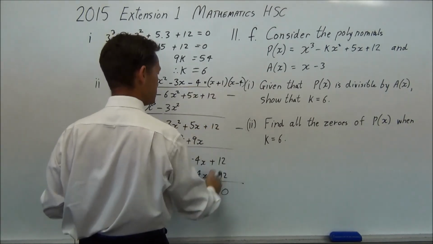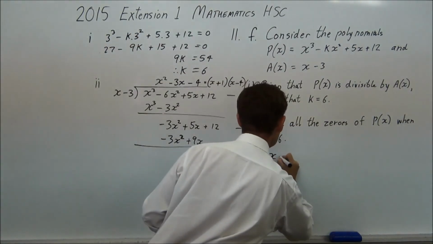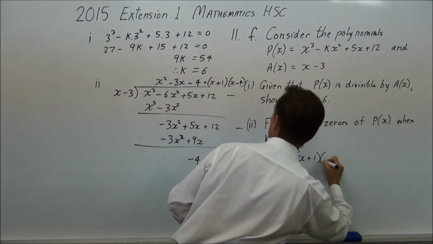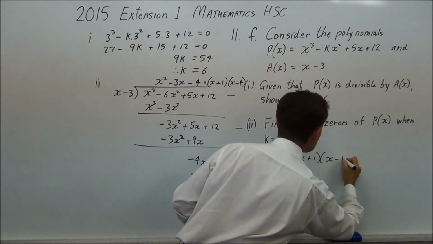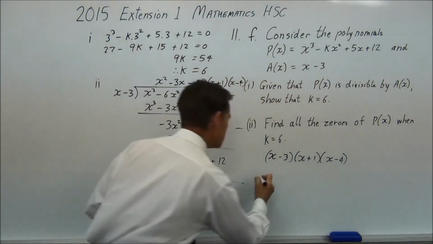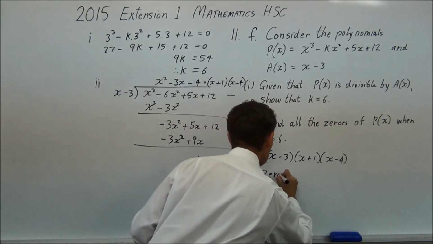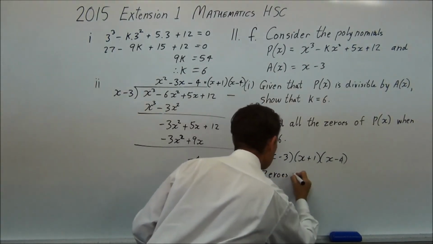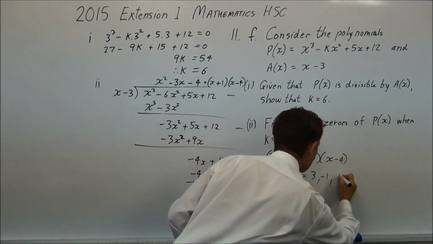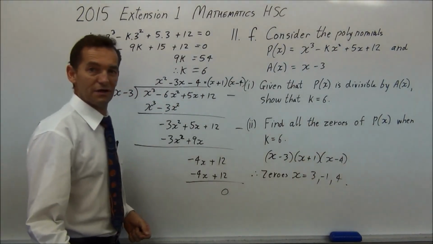So that's our factors. So our three factors are x minus 3, x plus 1, and x minus 4. Right, so they're all our factors. So therefore zeros, x equals 3, minus 1, and 4. And you're done.